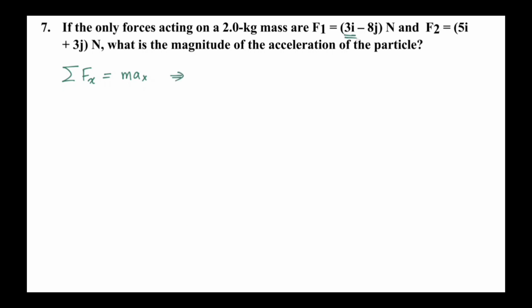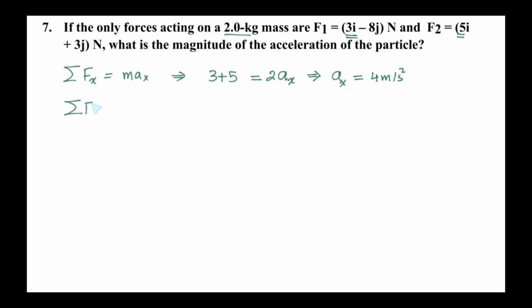This one is 3 and this one is 5. So sum of all forces on x is equal to 3 plus 5 equal to, the mass of the object is 2 kilograms, times AX, and you will find AX is equal to 4 meters per second squared.